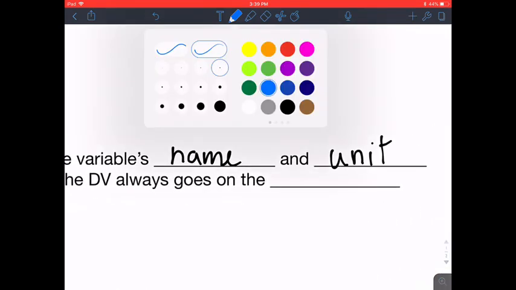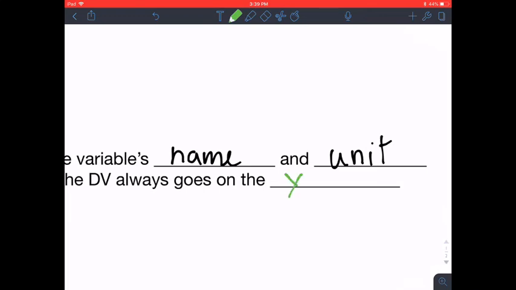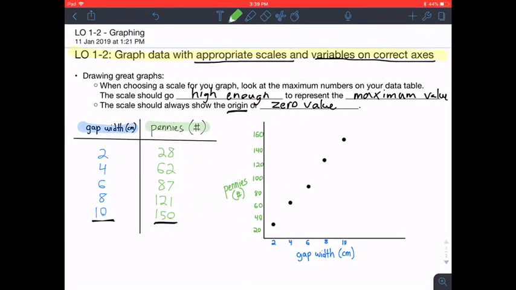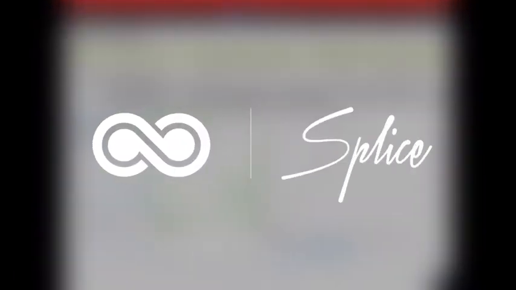The dependent variable, therefore, always goes on the y-axis. All right, and just to make sure that's clear on here, we have pennies, which is our dependent variable on the y-axis, and then we have gap width, which is our independent variable on the x-axis.